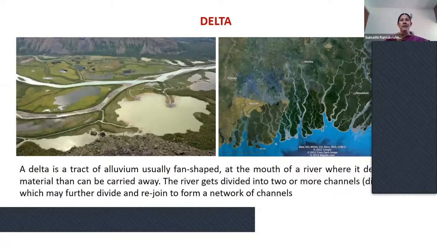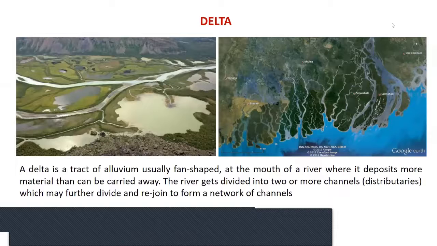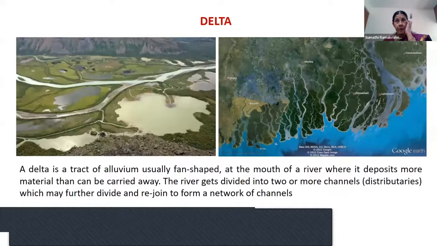Then delta. Now, a delta is a tract of alluvium, usually fan-shaped, at the mouth of a river. You can see here one type, another type, where it deposits more material than can be carried away.